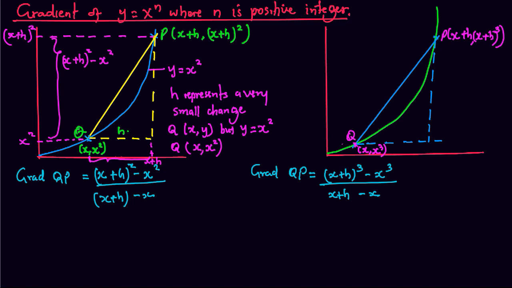So we can expand this expression as x squared plus 2xh plus h squared, using binomial expansion, minus x squared, divided by h.